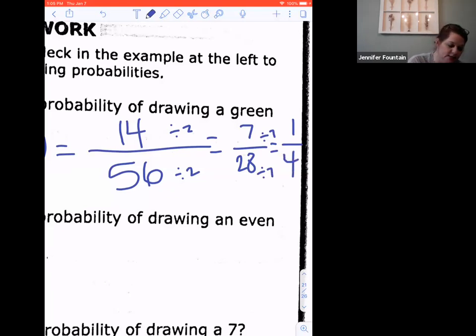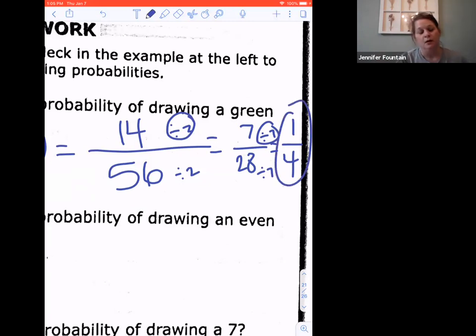Now look at this. If I divided by 2 and I divided by 7, the largest number that both of them are divisible by is 14, but I probably would have never figured that out. I might have tried 7. Originally, I was wanting to try 7, but just looking at it being even. But I want you to be able to see that even if you do not know what the largest number is, I can always start with the easiest thing that I know, and I can keep working until I'm sure I am in simplest form.